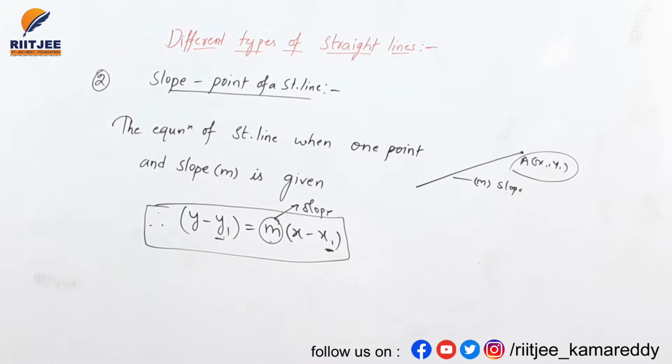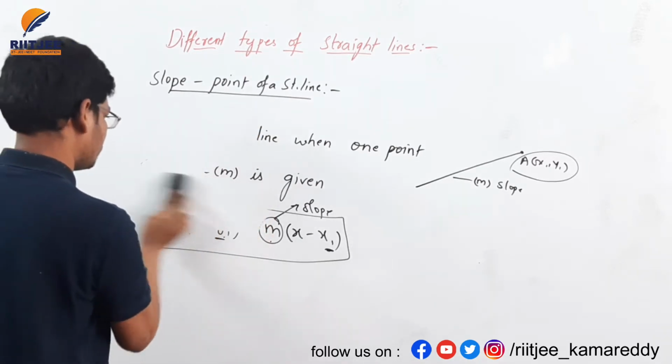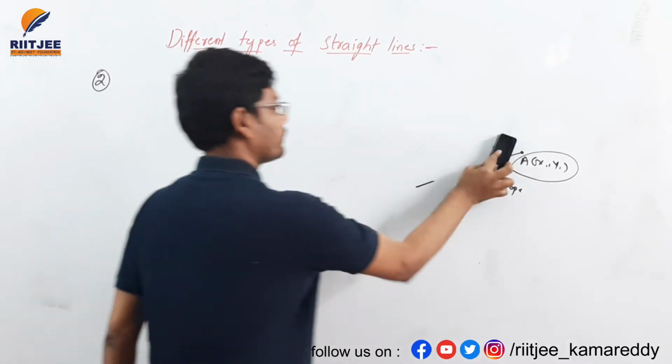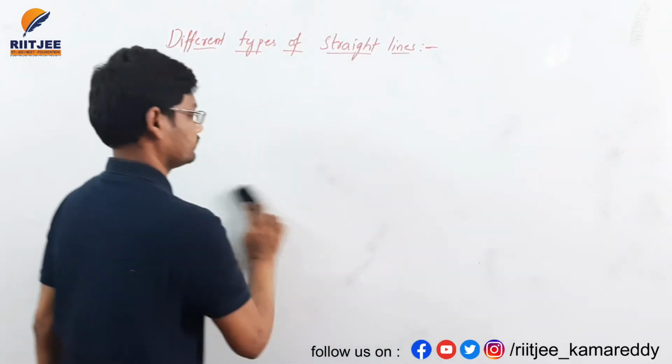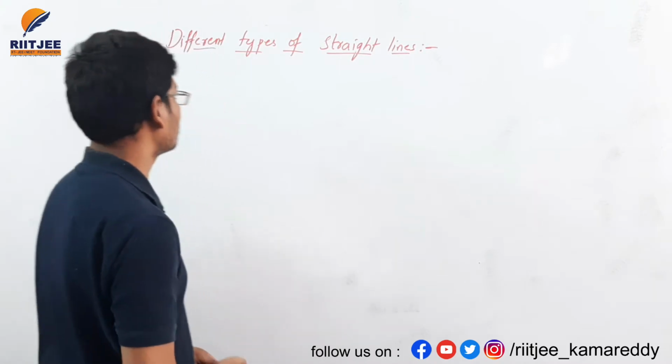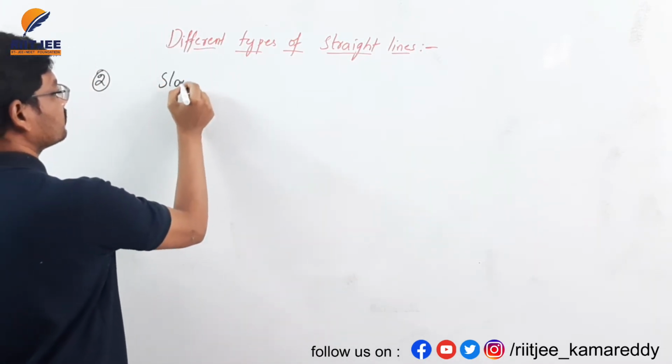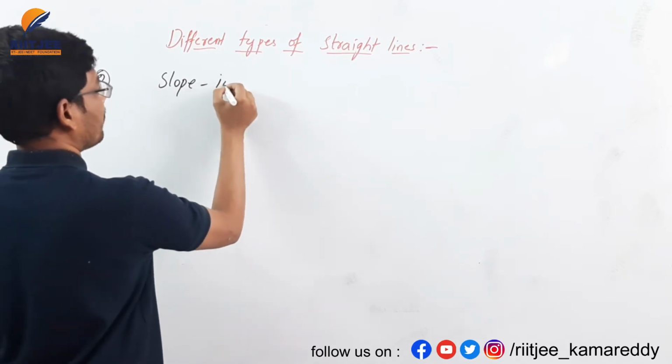And the third one is slope and intercept form.